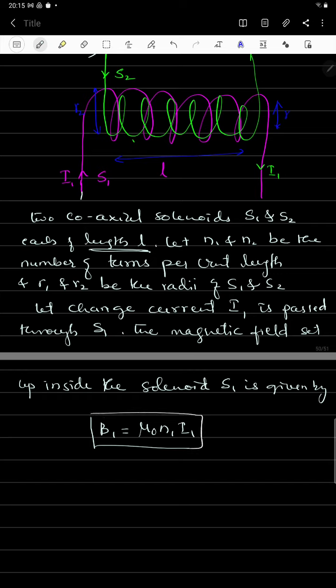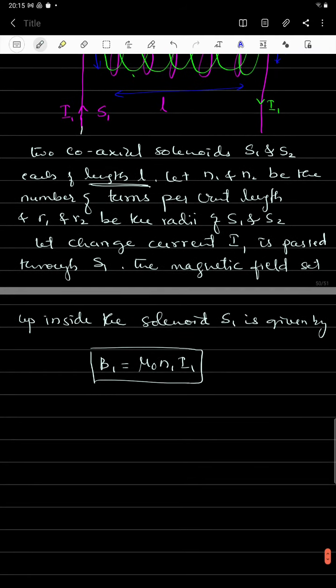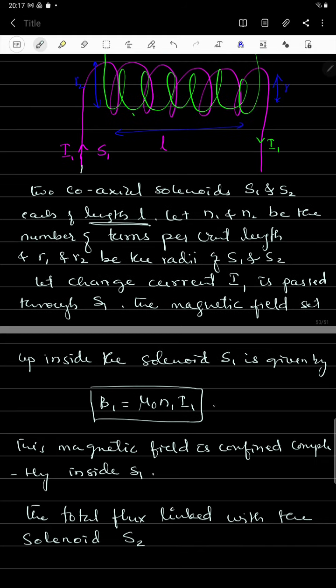Now the magnetic flux is produced in S1. Here this magnetic field is confined completely inside S1. It means outside the solenoid, the magnetic field lines are fewer than inside.